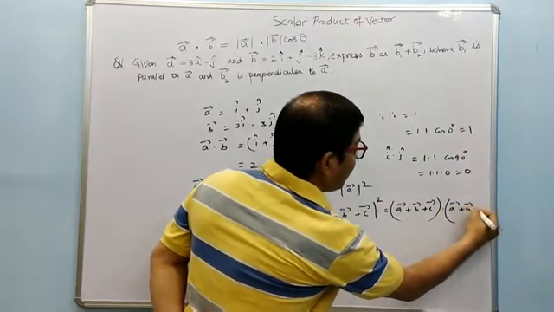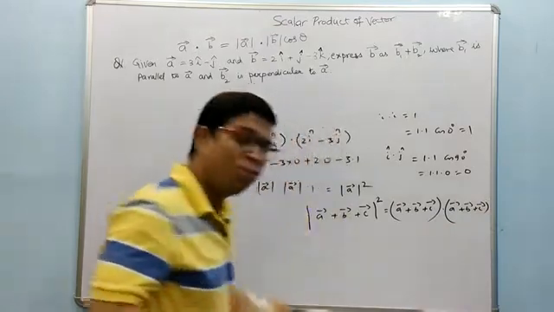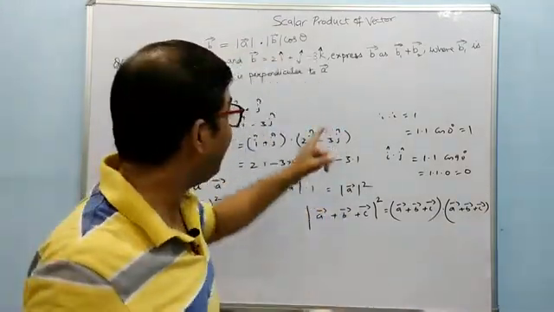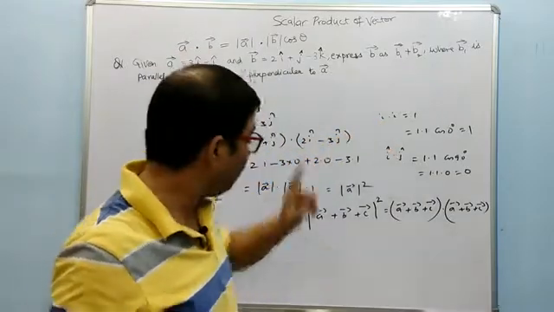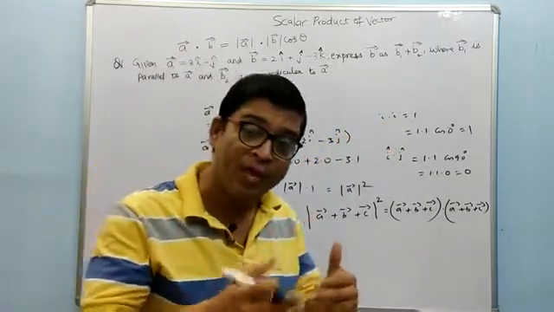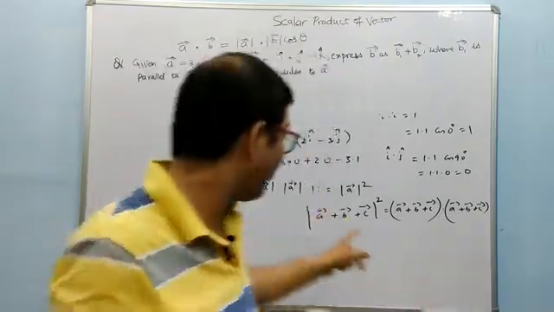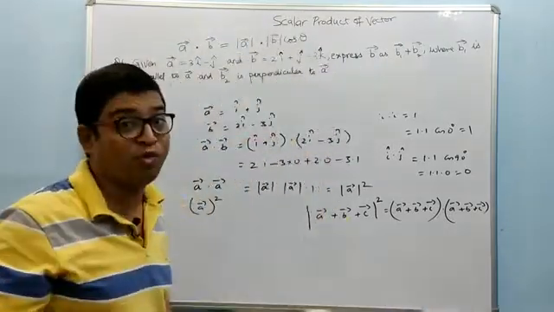Now we can find whatever unknown thing is there. So what we have learned is that the magnitude of a vector squared is equal to that vector dot that vector. That is very important. Two things you have to remember.